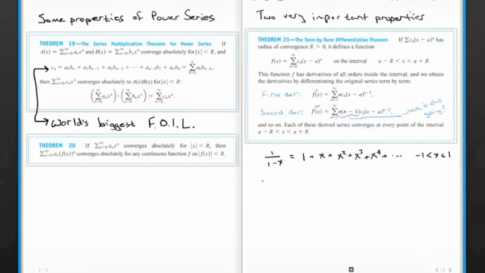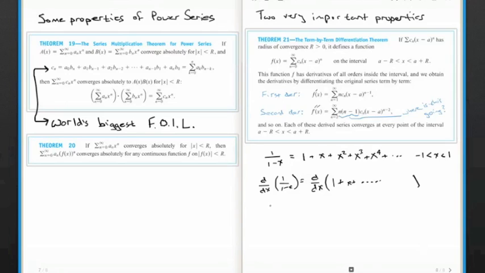Well, if I take the derivative of that, the derivative of 1 over 1 minus x should equal the derivative of this whole thing, 1 plus x plus dot dot dot. That should work out. So if I take the derivative of 1 over 1 minus x, what does that equal?